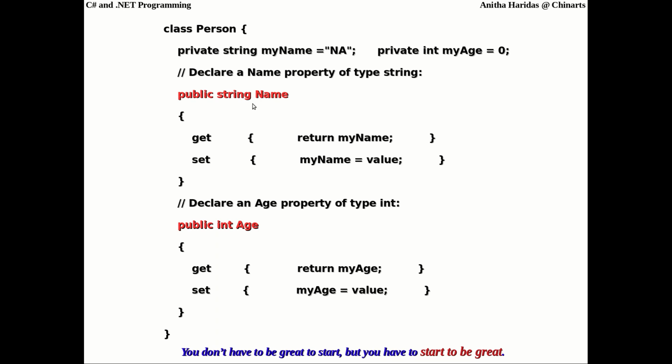For my name, I am declaring a property called name, which will use a get method and a set method. Your get method will be returning my name. Your set method will assign a new value to the variable my name. In the same way, I am declaring an age property, which is used for managing my age, that is a private variable. Again, you have a get method that returns the my age value, and you have a set method that will be assigning a new value to my age.